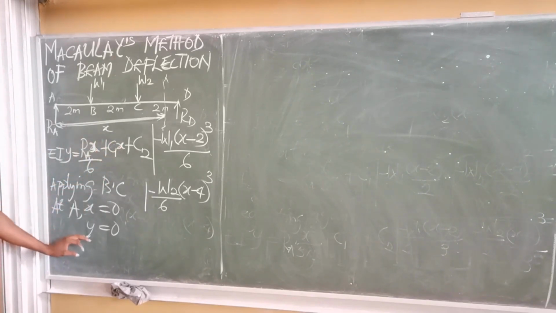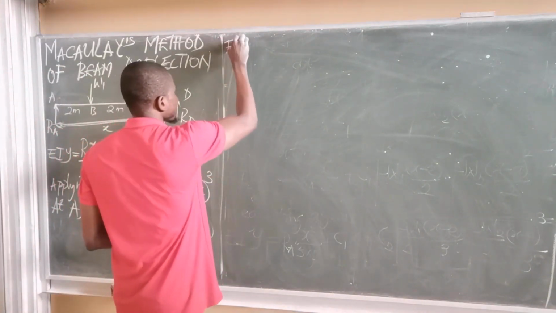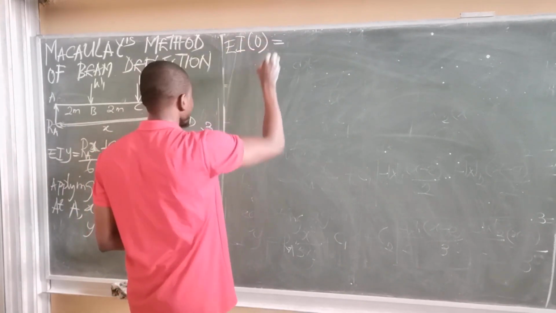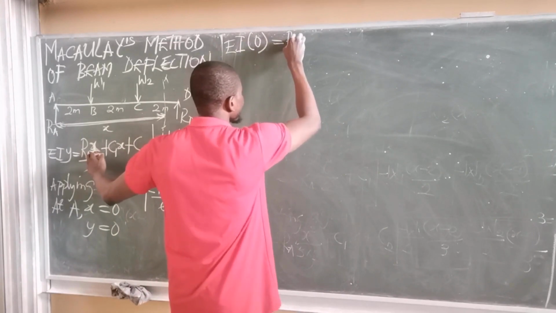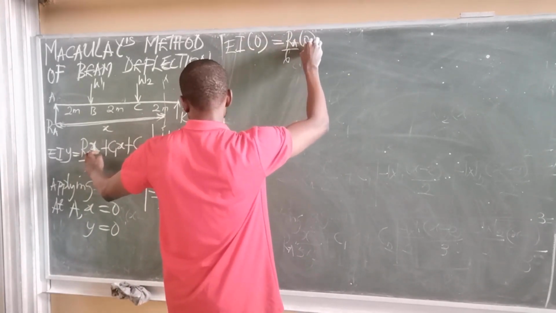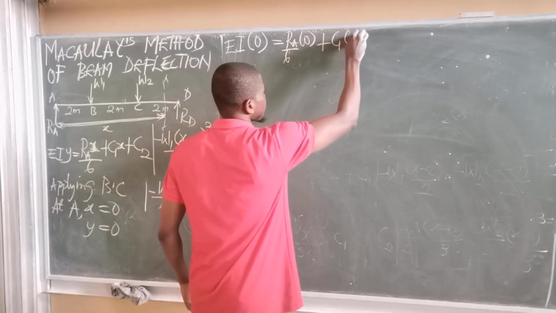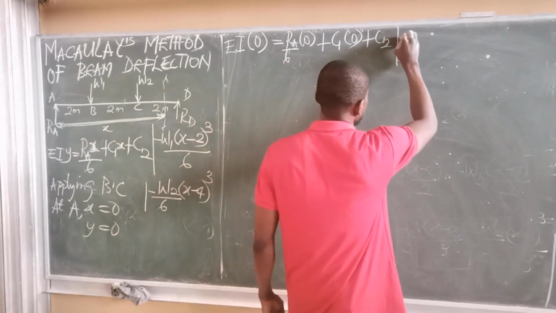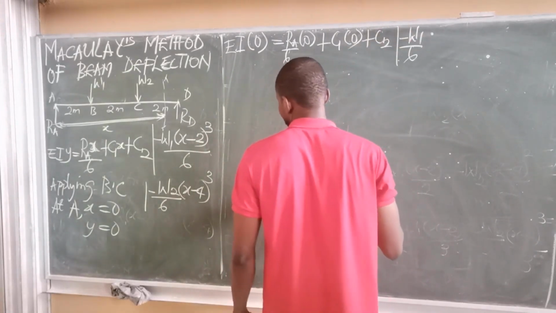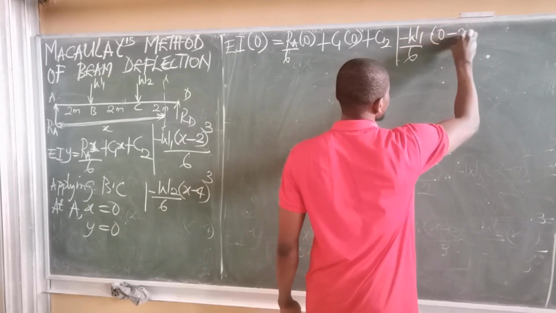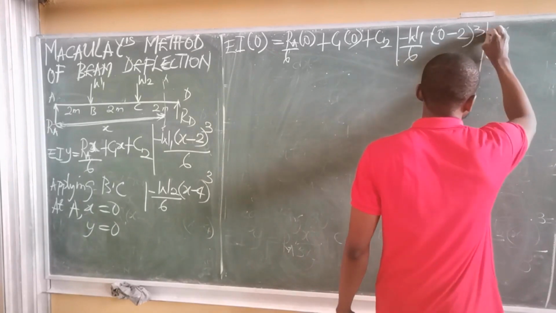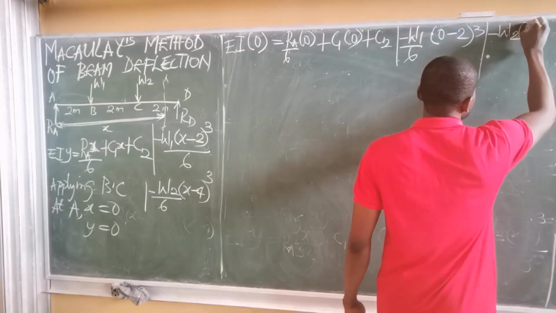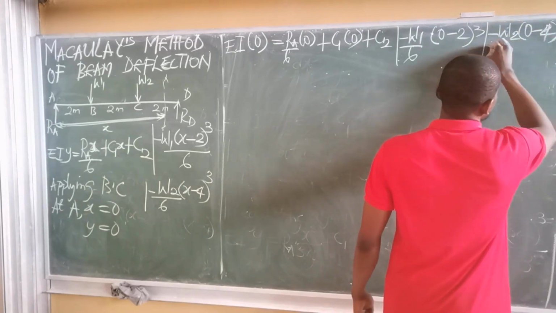So if we do that, we said Y is 0 at point A, X is also 0. So from here we have EIY, that simply means EI times Y, which is 0, equal to RA over 6 multiplying X, X is 0, plus C1X, X is also 0, plus C2, Macaulay's bracket, we have minus W1 all over 6 into X, which is 0, minus 2 all cube, into minus W2 into X is 0 minus 4 all cube all over 6.